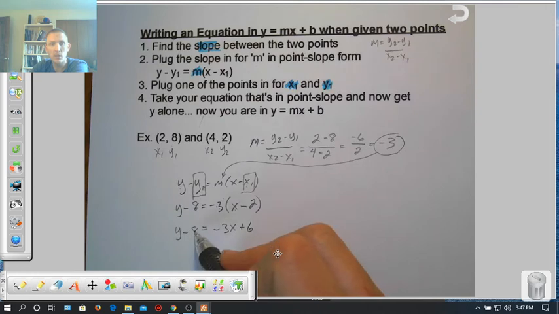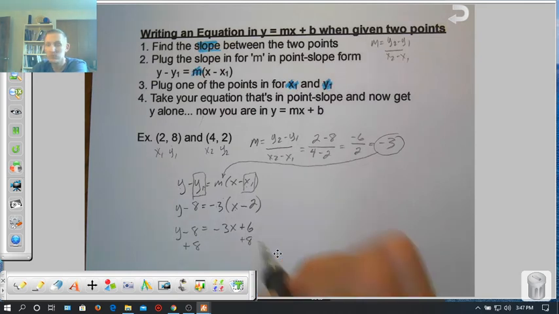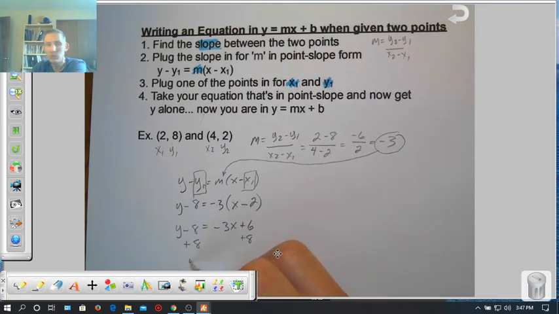And now to get y alone, I have to undo minus 8 with a plus 8. y equals, the 8's cancel out, negative 3x plus 14.